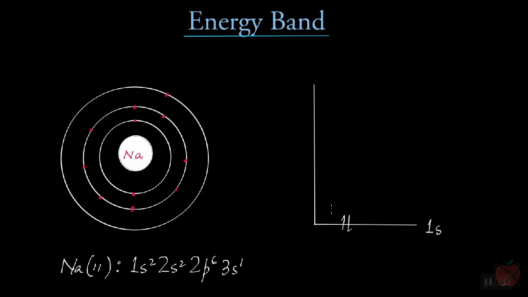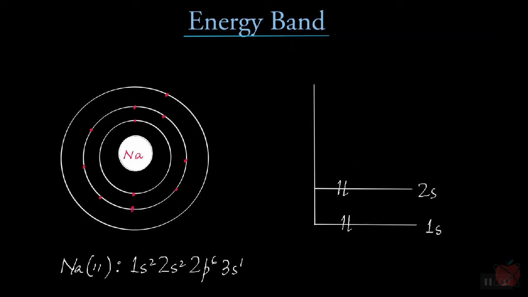We also have the 2s orbital. Let me draw this orbital. In the 2s orbital also we have 2 electrons, one is spin up and another is spin down.